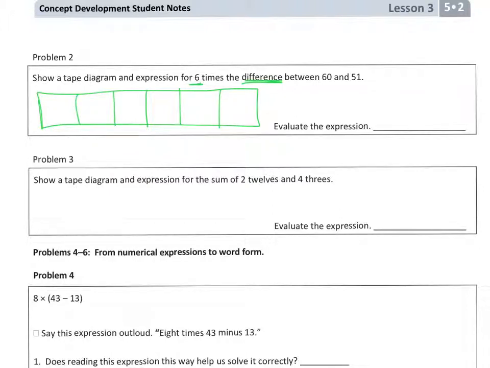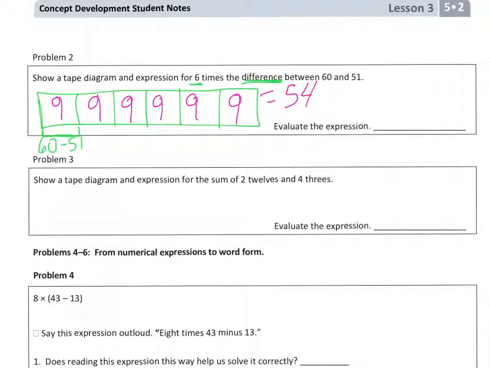It's 6 pieces, and each piece is the difference between 60 and 51. So 60 minus 51, which is 9. So each chunk of these is worth 9. So the whole thing is 54.